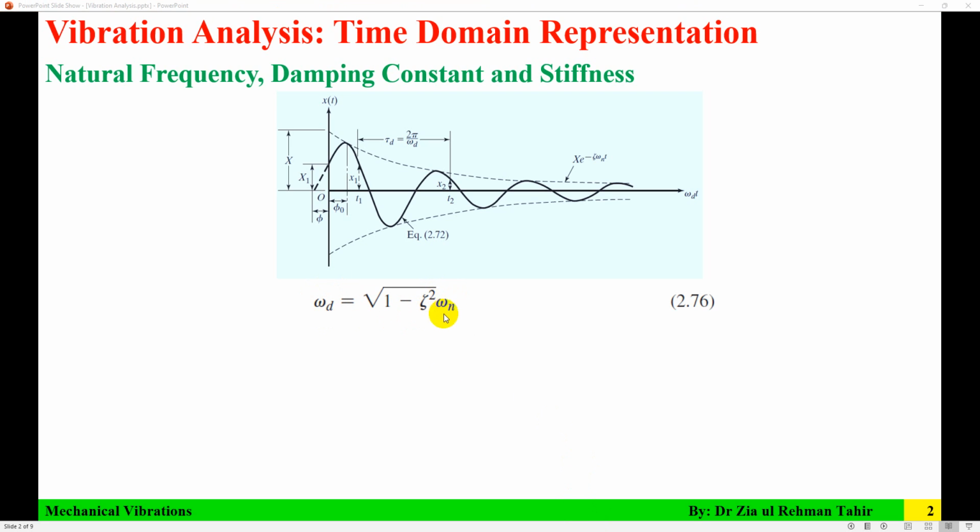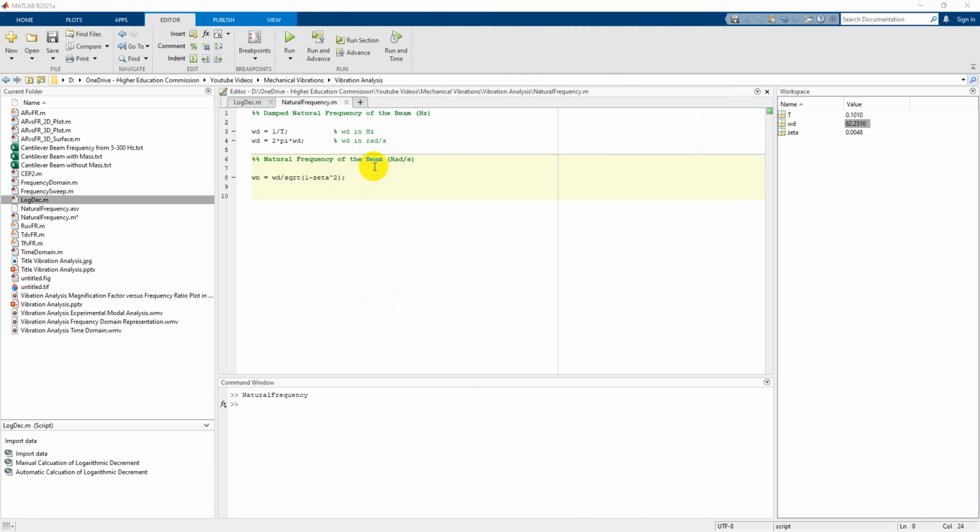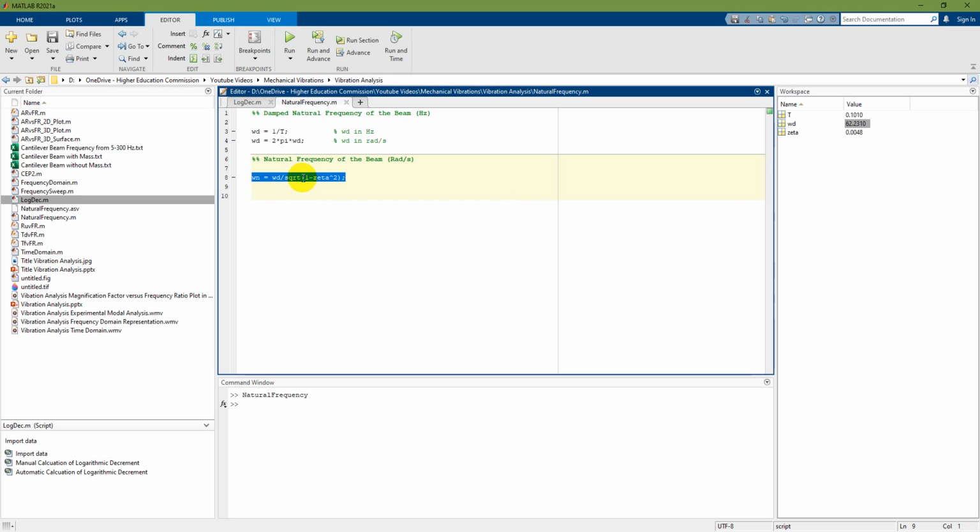The next step is to find the natural frequency, and for natural frequency it is omega d divided by the square root of 1 minus zeta square. So the natural frequency of the beam in radian per second is omega d over square root of 1 minus zeta square.